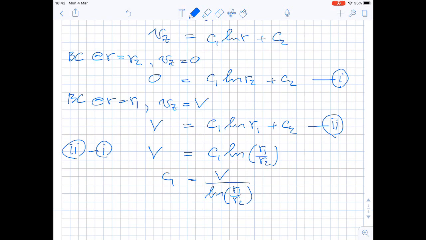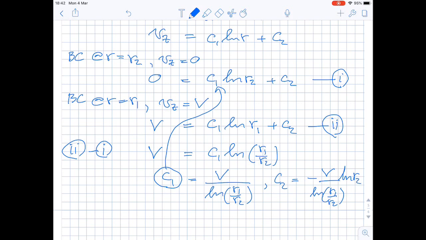Then if you plug this c1 here, you can solve for c2. So c2 should be minus V over logarithm of r1 over r2 times logarithm of r2.